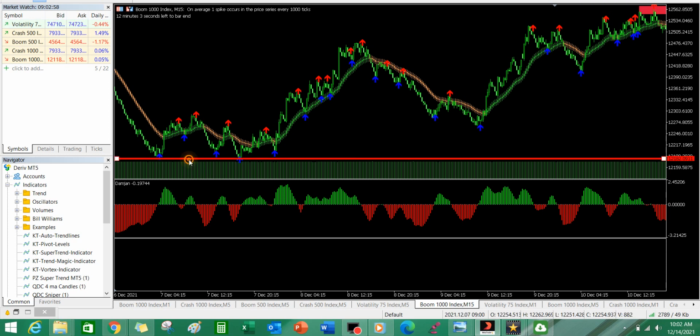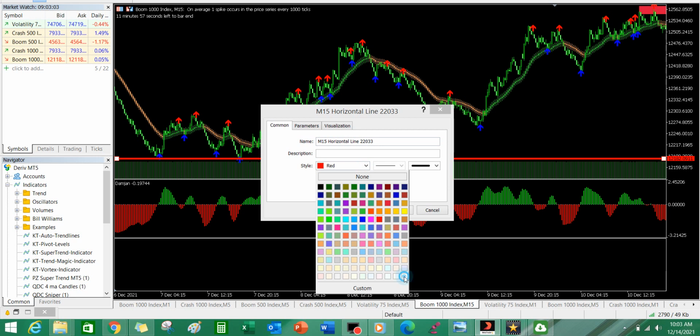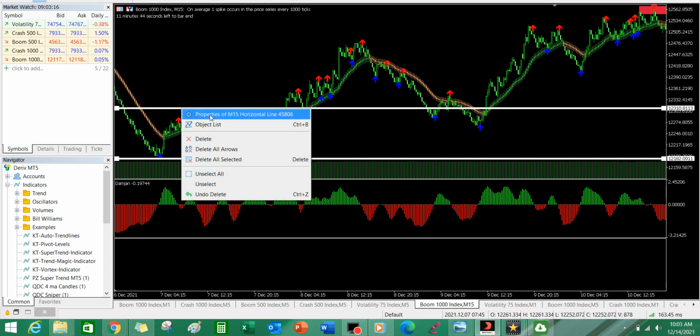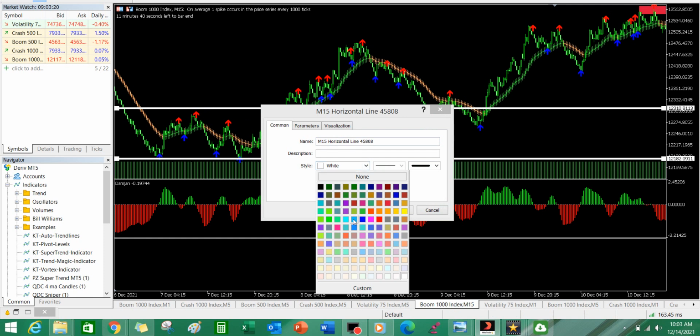It started from this support zone, and I'm going to give it a white color. That is our entry point. It is as easy as that. So this is our entry point, and definitely the price action will start from there, and it will keep on moving up and down.